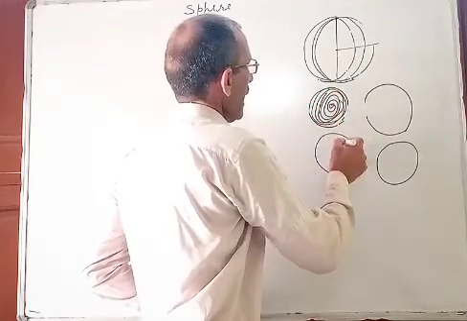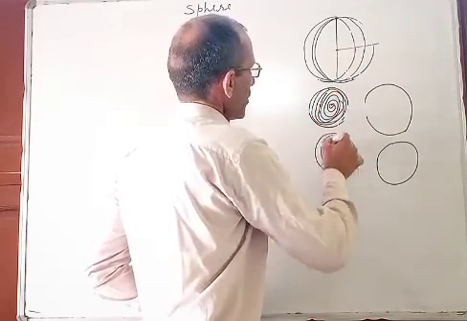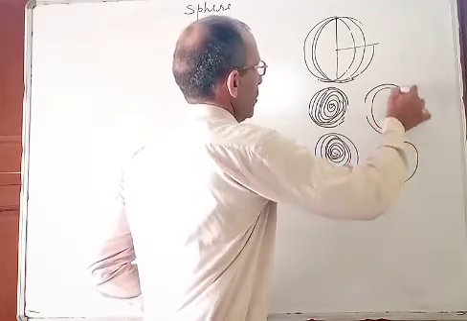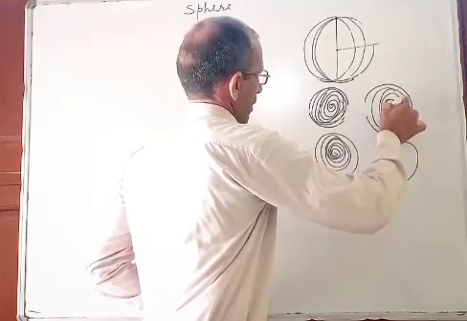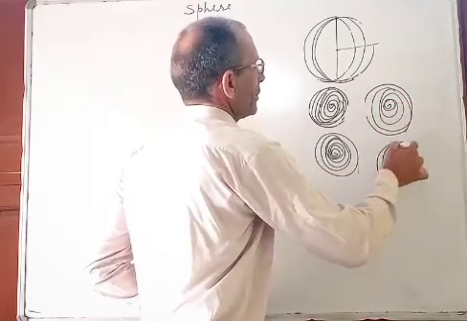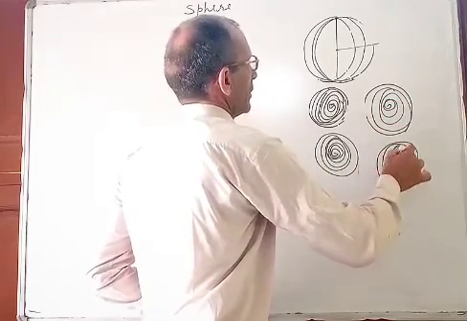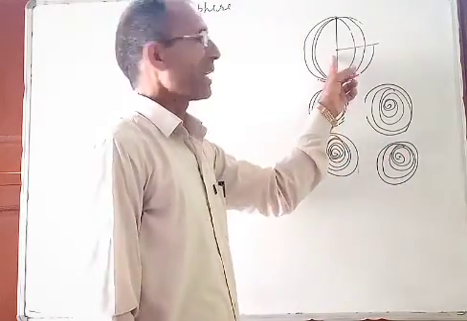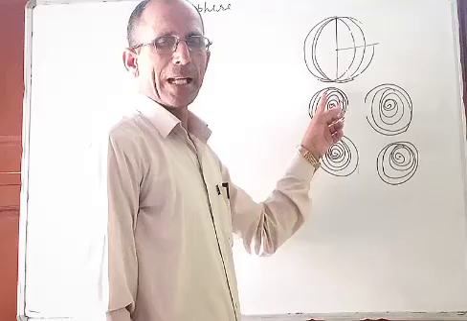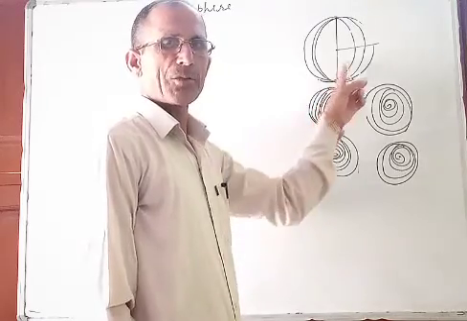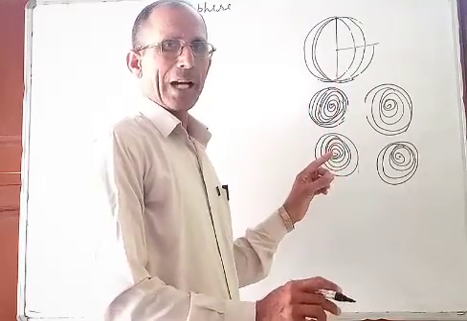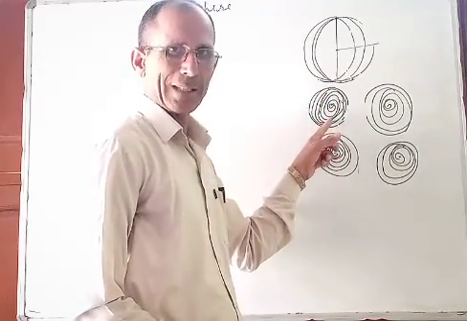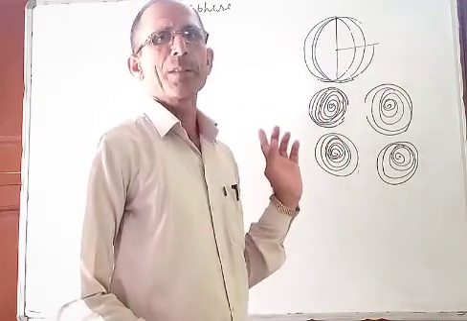Cover it properly, and similarly this one also, and this one also. So which thread is used to cover this sphere? Then I made four circles with the same radius, and after cutting the thread I will cover each circle with that thread which is used to cover the sphere.